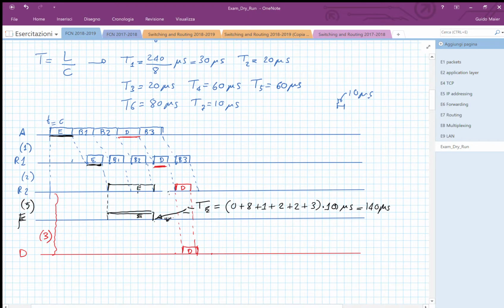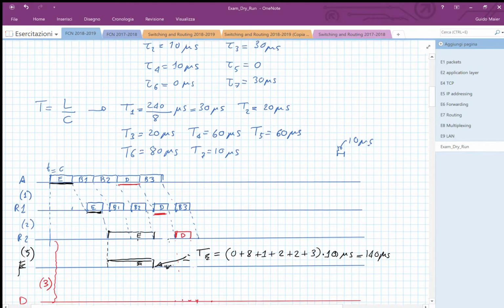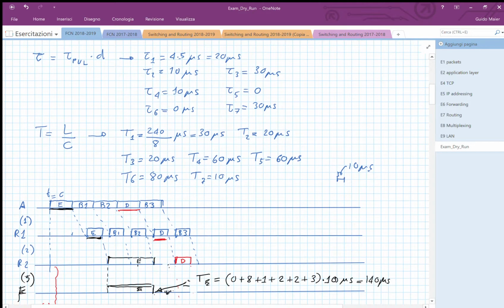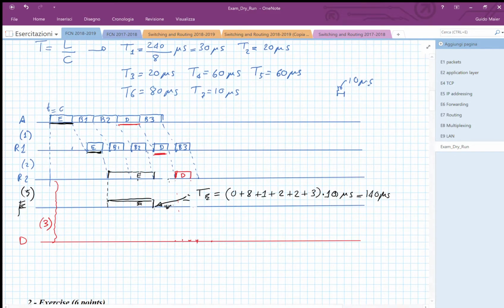Made a mistake again. So D is connected through link number 3. It was corrected as before.